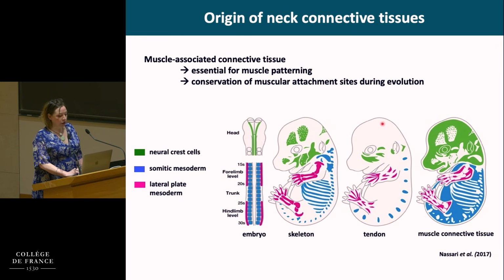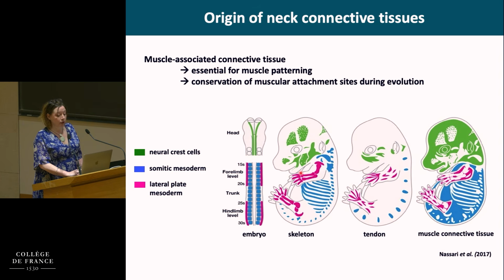In the head, the neural crest cells in green give rise to some skeletal components of the head, to tendons, and to connective tissue that is inside the muscles.